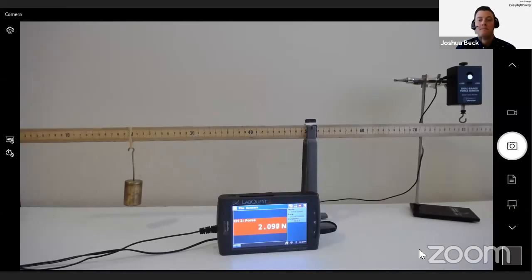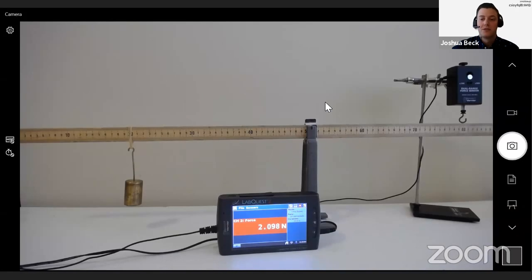Here's your setup. Okay. Now on your diagram, let's go ahead and label.